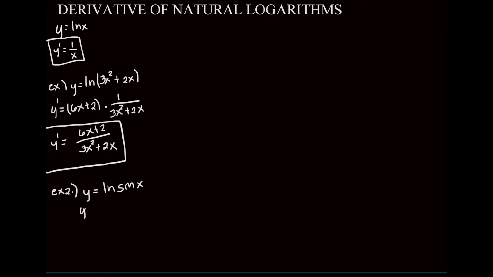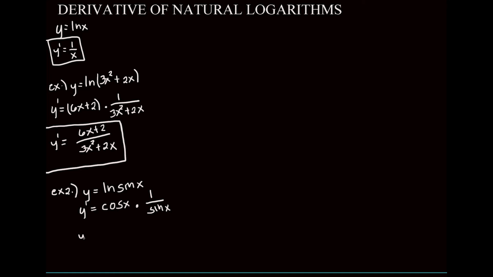So we now have y prime, which is therefore equal to the derivative of sine x. That will just give us cosine x. The derivative of ln of sine x will just give us 1 over sine x.